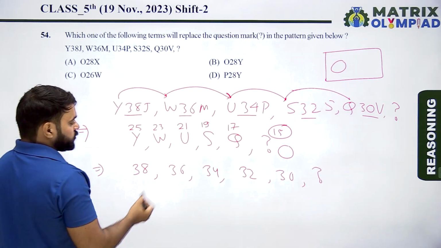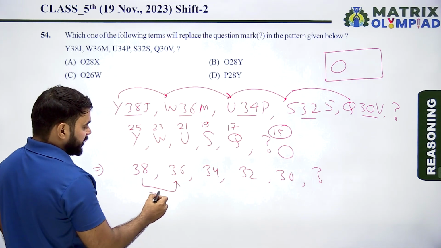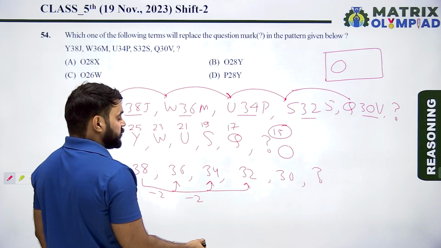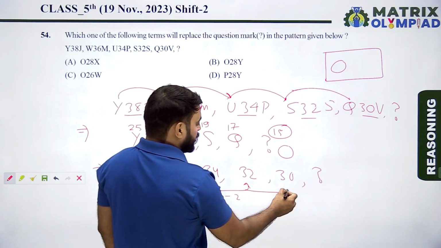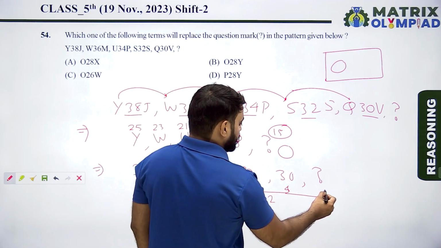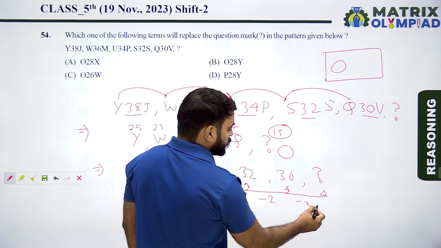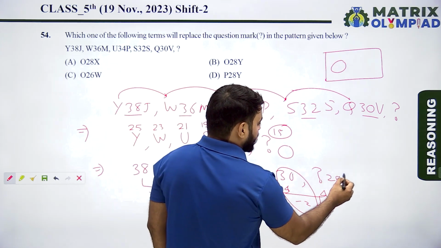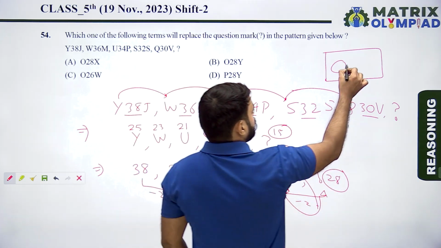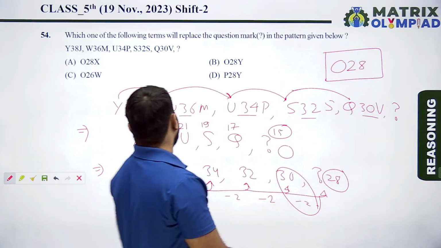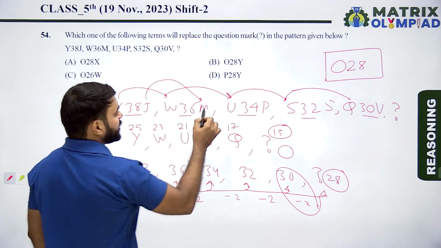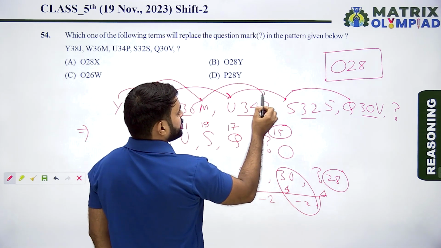So 38 to 36, it means minus 2. 36 to 34, minus 2. 34 to 32, it means minus 2. 32 to 30, it means minus 2. Similarly, 30 minus 2, it means 28. So missing number is 28.